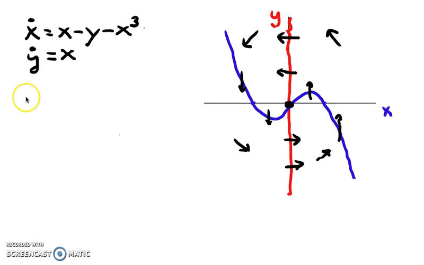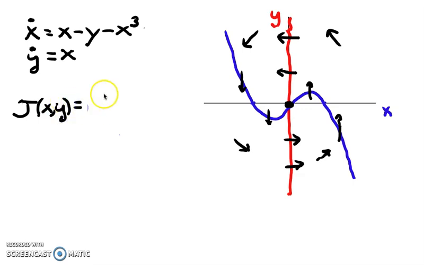Now, the way that stability analysis is performed in two-dimensional systems is to linearize the ordinary differential equations near the steady state. And what that means in practice is that we're going to calculate this matrix that's called the Jacobian, which could potentially be a function of x and y.